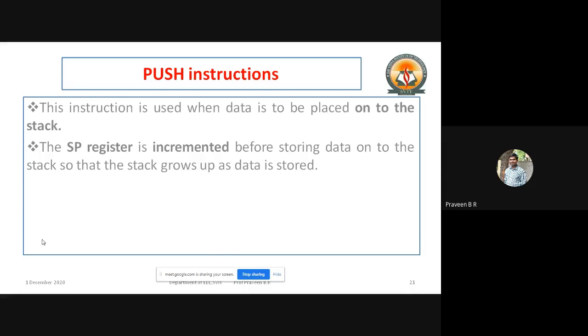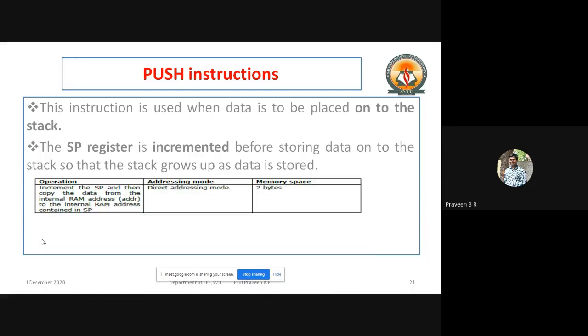To represent it we have what we call the stack pointer. A stack pointer is a register which always points towards the data that is present in the stack. The stack pointer register gets incremented before the data is stored onto the stack, and then it stores the data. So let us see the push instruction.